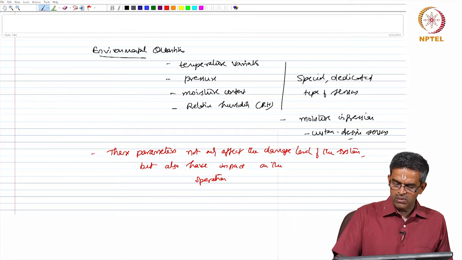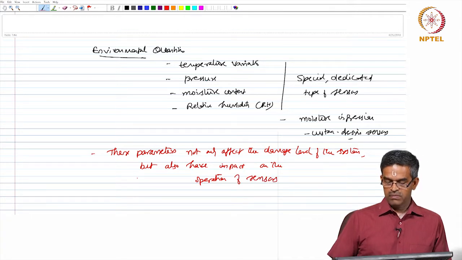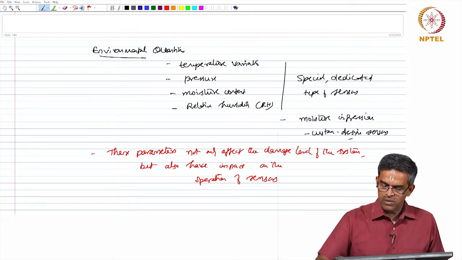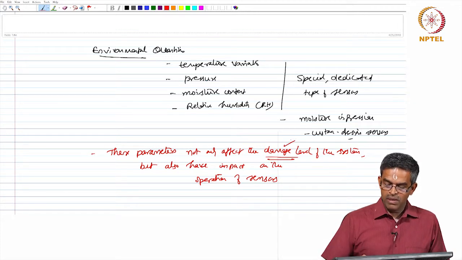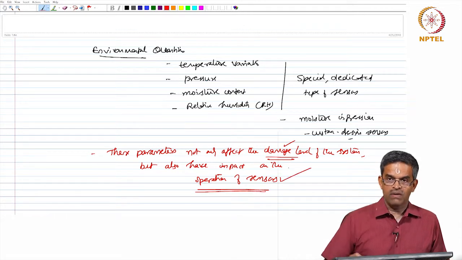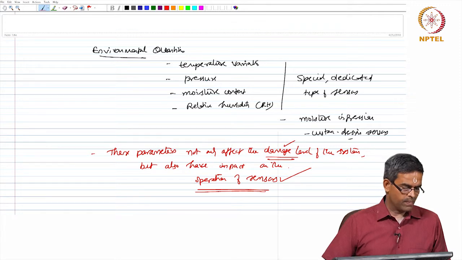That is a more important thing. Forget about the structural part. They will have a damaging influence on the structure, that is fine, but they can also impair the functionality of the sensor itself. So, I have to be very careful in selecting the sensor type.